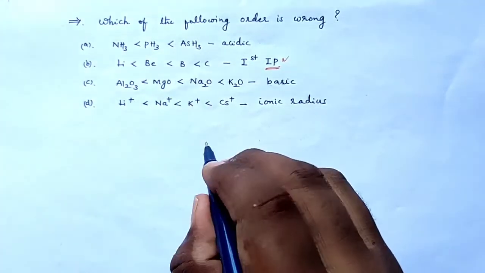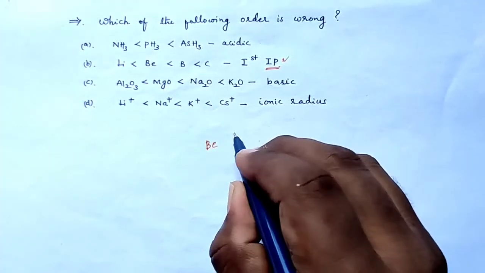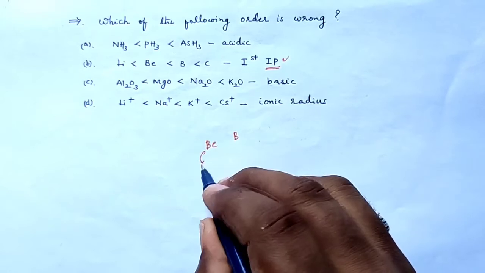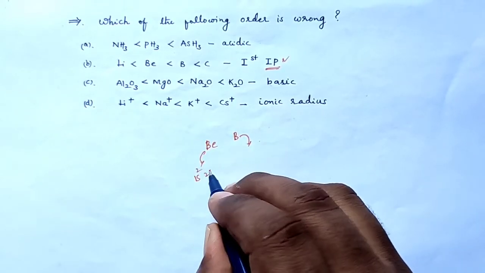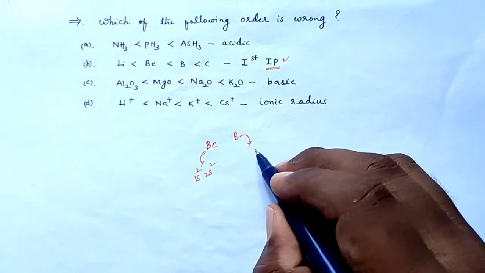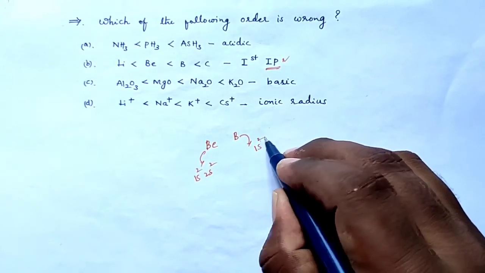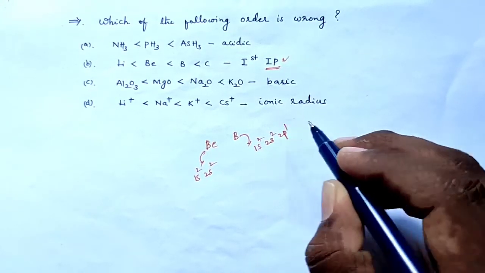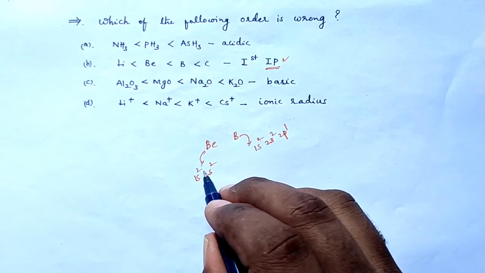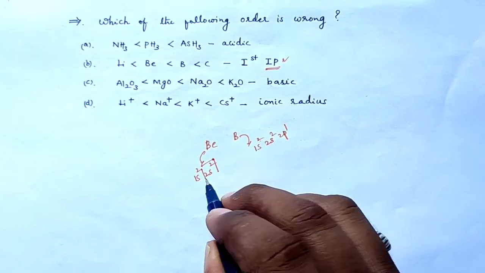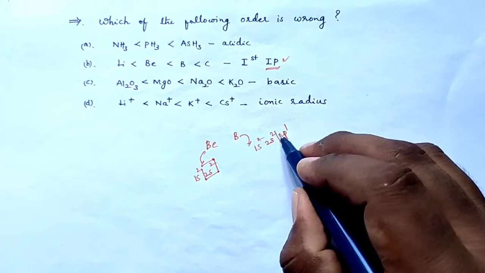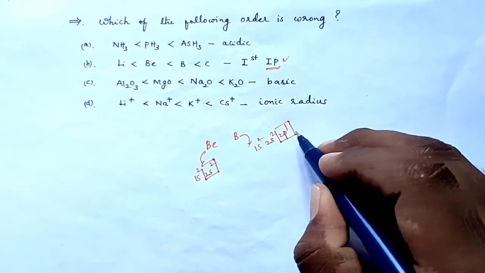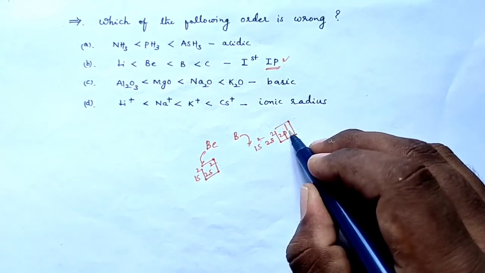So due to that, if we observe beryllium and boron, the electronic configuration of beryllium is 1s2 2s2, and boron has 1s2, 2s2, 2p1. In beryllium, we have a completely filled s orbital in the valence shell, whereas in boron we have one extra electron in the p orbital.